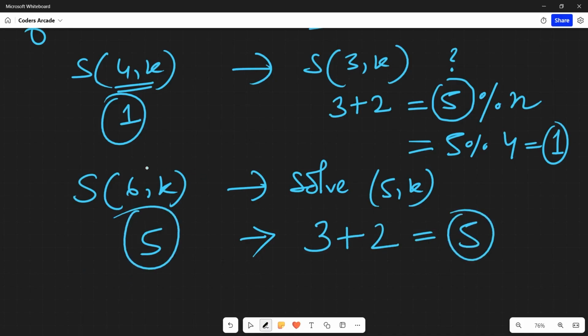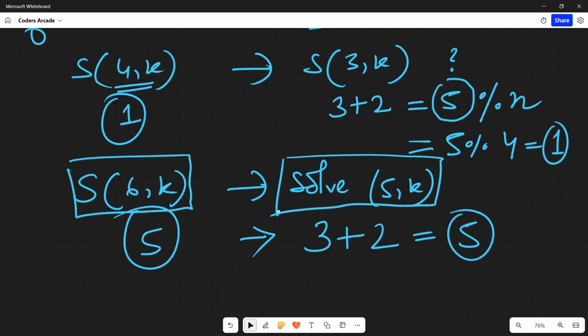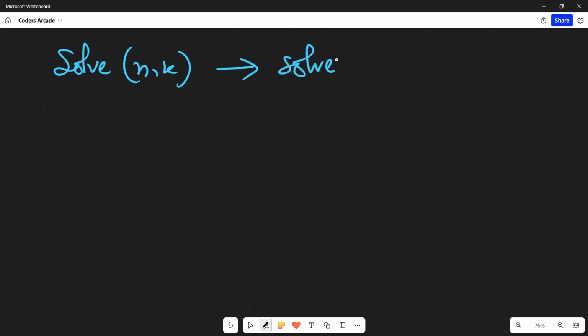So ultimately we have found a relation between the nth value and the n minus 1 value. Correct? So the formula can be something like this: solve of n comma k equals solve of n minus 1 comma k, plus we were adding the k value. And if your answer is going beyond, then what were we doing?